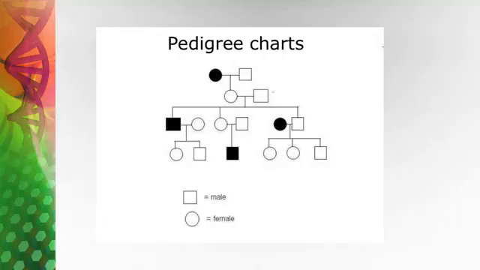Pedigree is commonly used in human families to determine the mode of inheritance of particular diseases. Therefore, pedigree analysis is an essential tool in both basic research and genetic counseling.